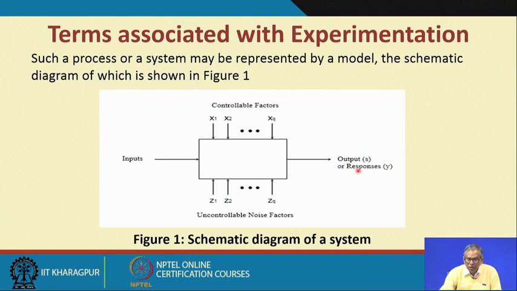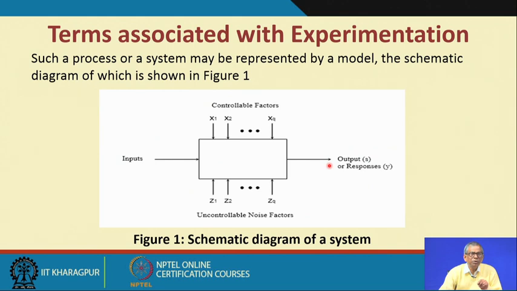Either there could be one response you consider, or you may consider multiple responses. In the majority of cases, the number of inputs you consider is more than one, at least two. Whereas when you start your experimentation, initially you think of considering just one response variable.